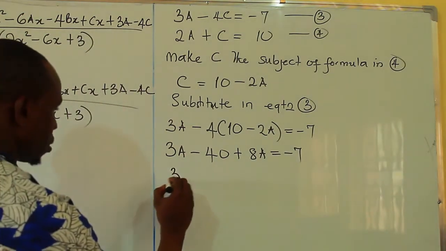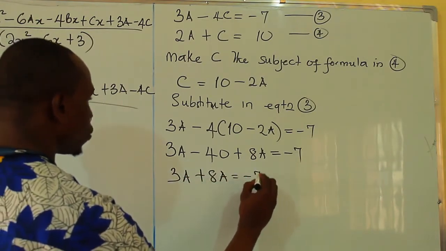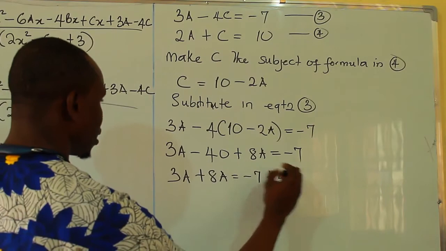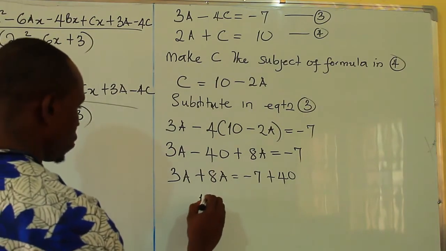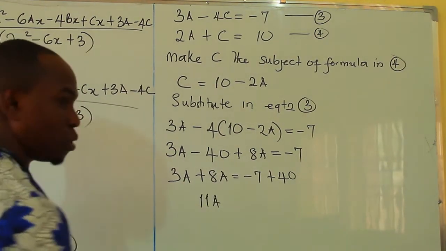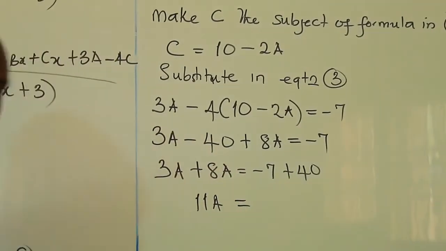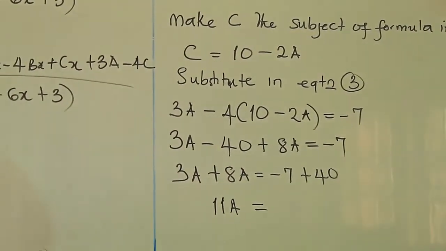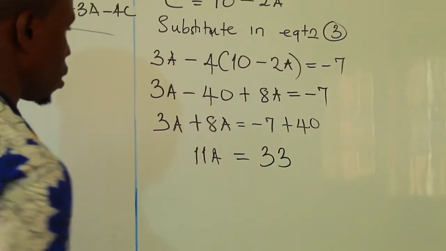I'll take like terms. 3a will add 8a, and minus 40 will be taken to the right hand side, and it turns plus 40. With this, I have 11a, knowing that 3a plus 8a is 11, and minus 7 plus 40 is equal to 33.